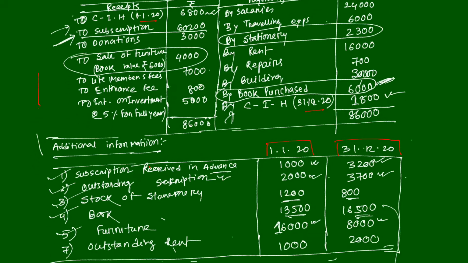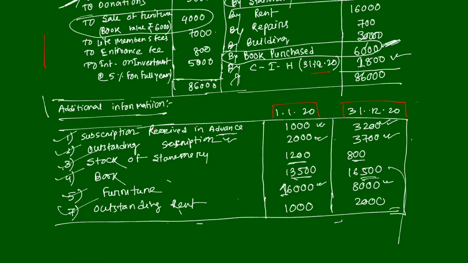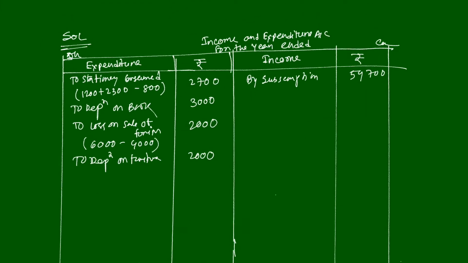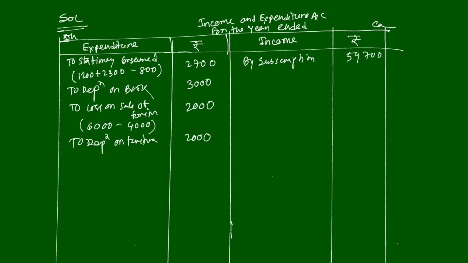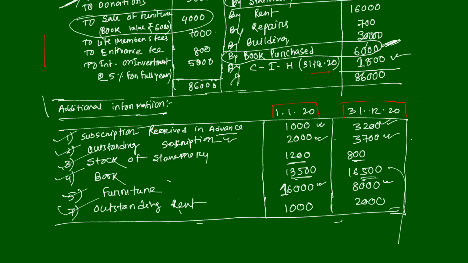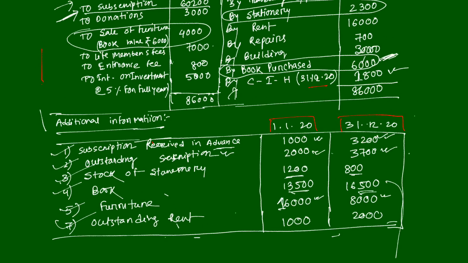We calculate everything. Not outstanding rent is remaining part. Outstanding rent. So that outstanding rent, what is the value of the rent? Rent is 16,000. Okay, 16,000.